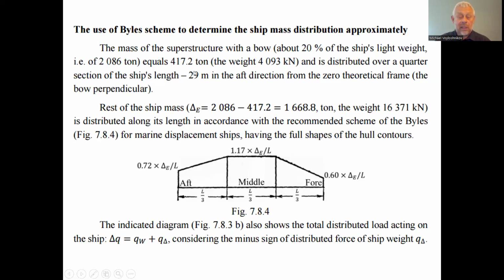It is distributed over the quarter section of the ship length, for 29 meter in the aft direction from the zero theoretical frame.